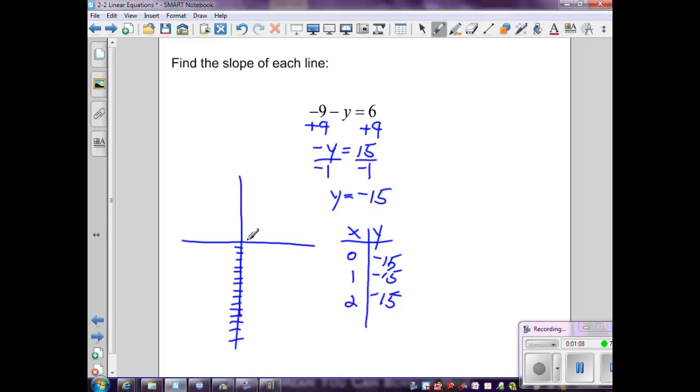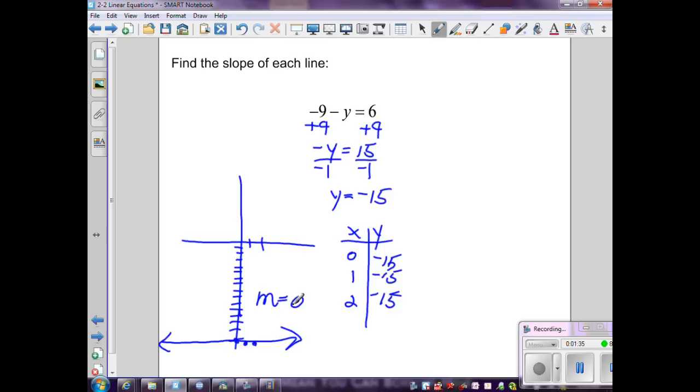And I know that I have 0, 1, and 2. So I can have (0, negative 15), (1, negative 15), and (2, negative 15). That generates a horizontal line. But I knew that when I have an equation just solved for y, it's a horizontal line with no x values. And I know that the slope must be 0.